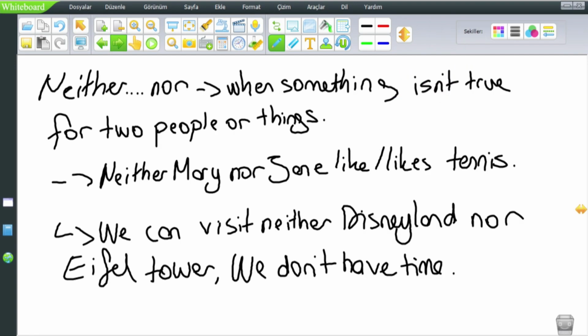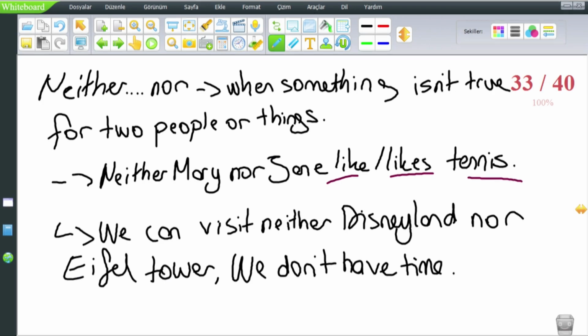We also have neither nor when something isn't true for two people or things. Neither Mary nor Jane like or likes tennis, because I can use plural or singular verb. It applies for both of them.